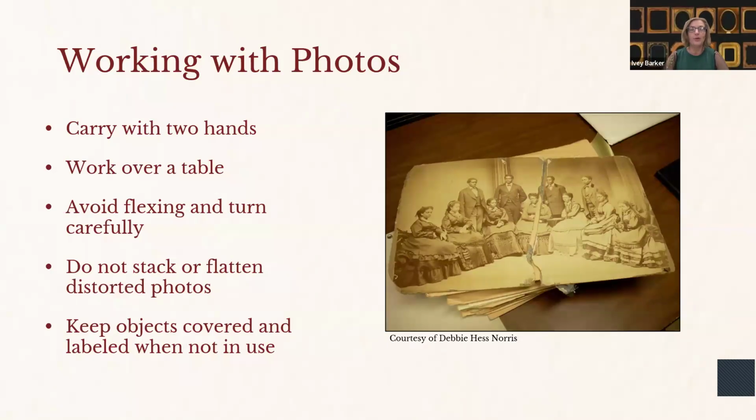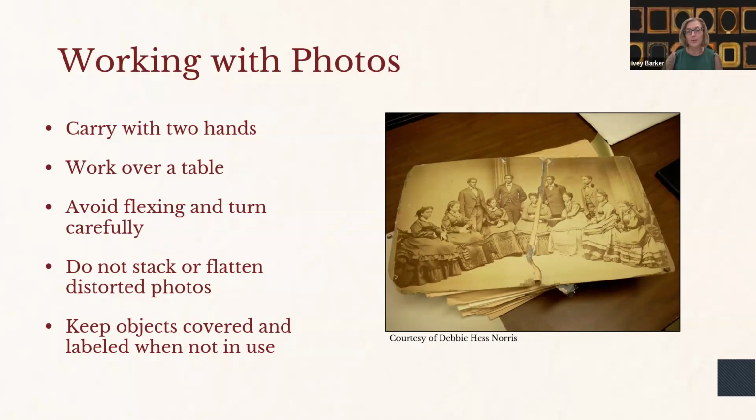Working with photos. Always use two hands. Work over a table. Avoid flexing and turn carefully. Do not stack or flatten distorted photos that can't easily be flattened or are resisting. And keep objects covered and labeled when in use.